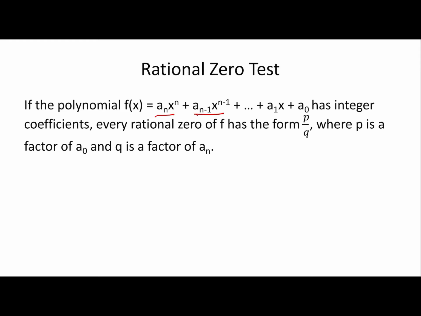Provided these are all integer coefficients, then every rational zero has to be of the form p over q, where p are factors of the constant and q is factors of the leading coefficient.